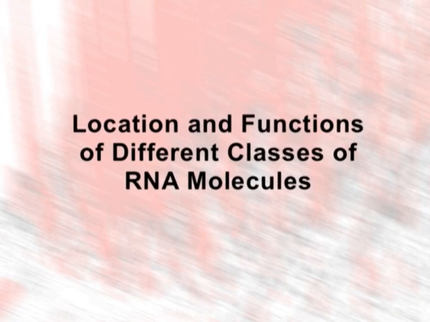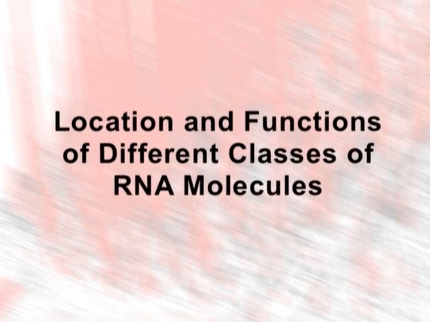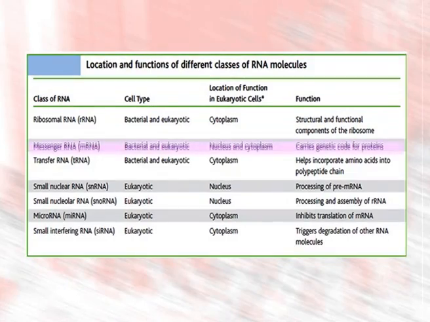Now let us move to the location of these different kinds of RNA molecules. mRNA is produced from the nucleoid region of prokaryotes and moves forward to the cytoplasm, while in eukaryotes mRNA is produced in the nucleus.